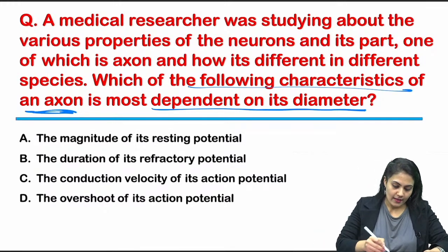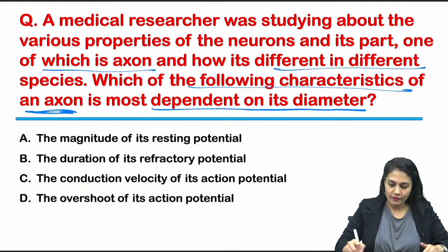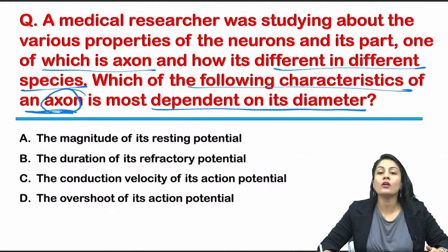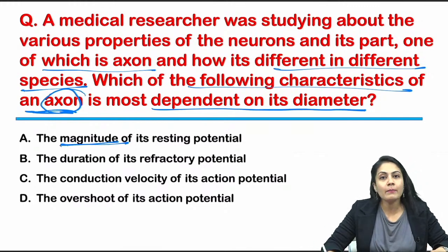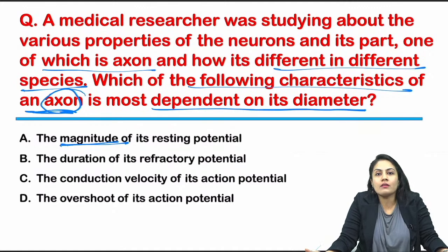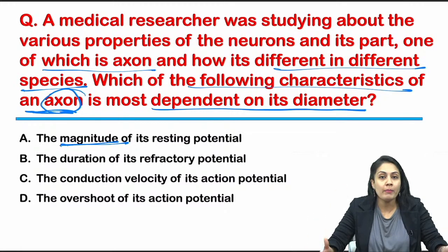Yes, please. So, research was going on, on which axon, how different in different species, right? So, the characteristic of axon most dependent on its diameter. Let's read out: the magnitude of the resting membrane potential. Resting membrane potential doesn't depend on the diameter, right? It depends on the channels, their concentration, and the permeability basically.